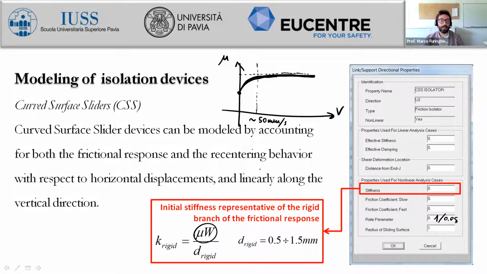Generally, that is, I think, the dependency of the friction coefficient on a response parameter which causes the most negligible influence in the overall response of the structure. Because there is another very important dependency of the friction coefficient, which is the one related to the applied vertical load.